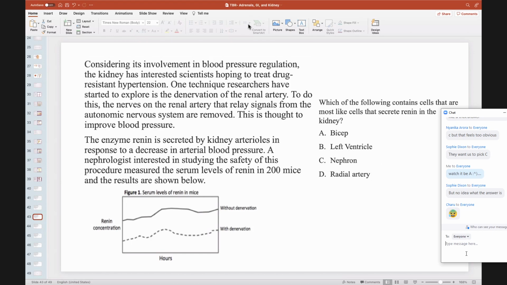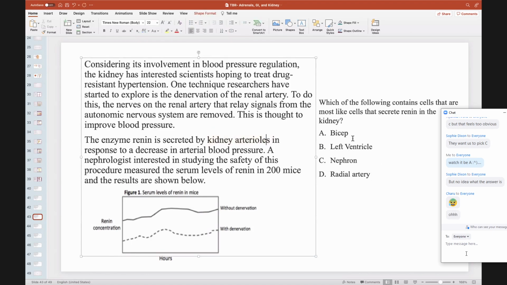So the key is here, what type of cells secrete renin? We didn't say that in lecture, but the information is actually given in the passage. So the enzyme renin is secreted by kidney arterioles. So which of the following structures has cells that are most like that of arterioles?